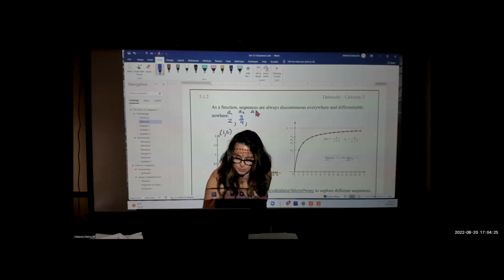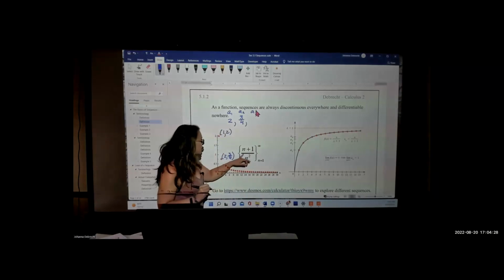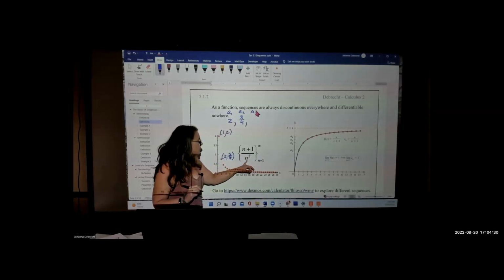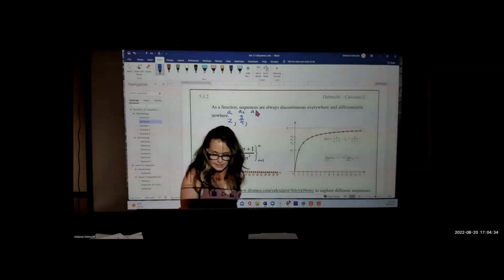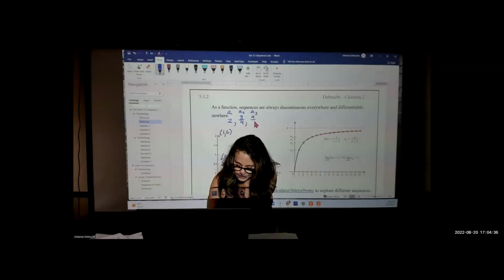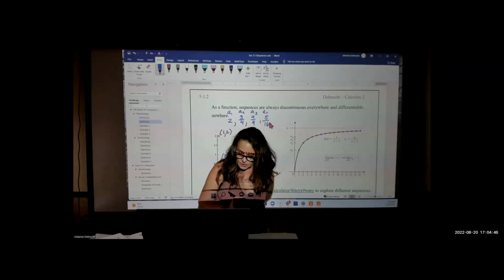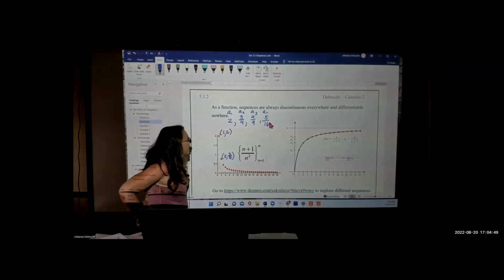Now I need a sub 3, where the subscript is 3. 3 plus 1 is 4 over 3 squared, which is 9. So I get 4/9 for the next one. And then I have a sub 4, which would give me 5 over 16.